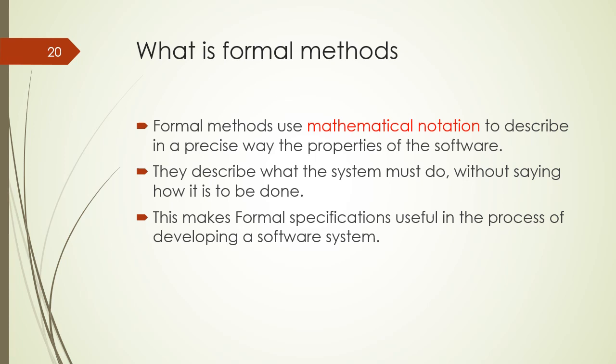Therefore, it has completeness and we can avoid ambiguities in a formal specification. Further, they describe what the system must do without giving the detail about the construction of software and without saying how it is to be done. This makes formal specification useful in the process of developing a software system.